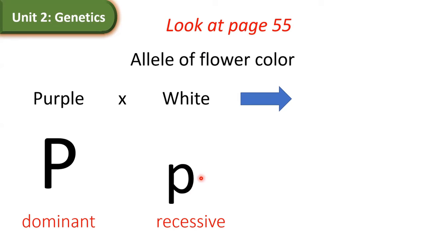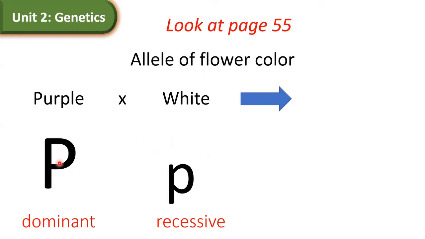In writing the letters for the alleles, make sure you use the same letter, and only the size differs: a big letter for the dominant and a small letter for the recessive. We use the same letter because we are talking about the same genetic trait, which is flower color.